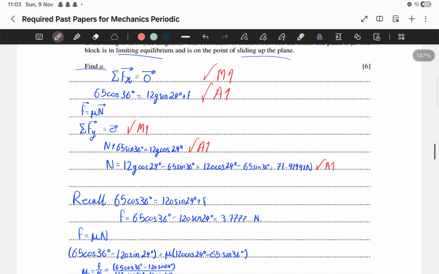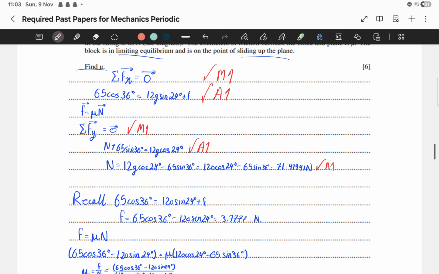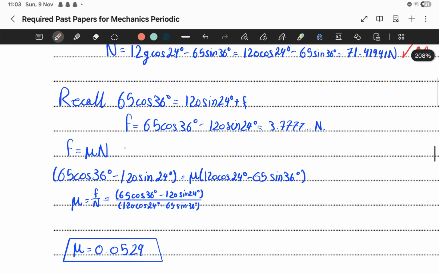Okay, so we have 1, 2, 3, 4, 5. I don't know what's left. Why is there 7 marks? I'm miscounting. Okay, what's DM1? Use F equals mu R. Which is this? Yeah, they literally wanted this. This is the answer. This is how they solved it.